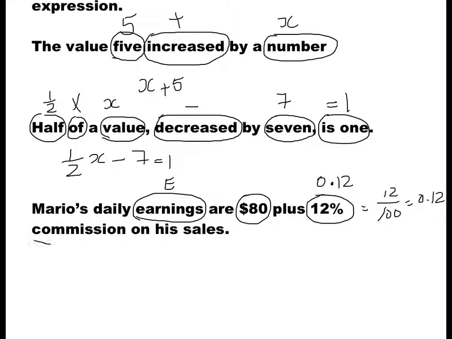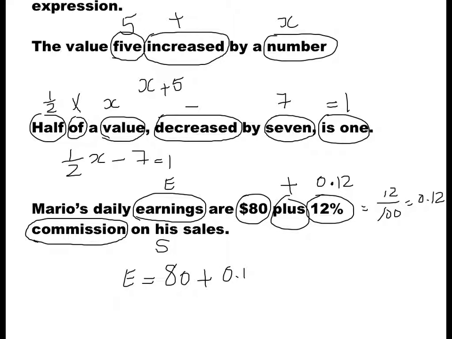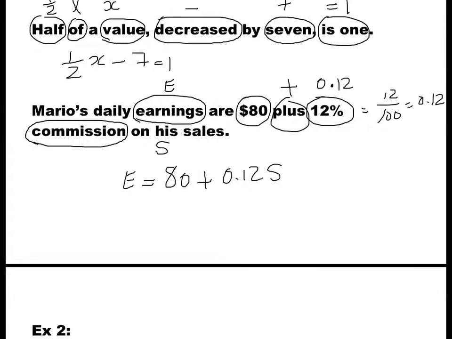Of his commission. Commission is on his sales, and we have no idea how much the sale is. So let's represent sales with S. So I can write earning is $80, plus, I forgot, it's addition, so it's plus 0.12 S. So far, so good. Let's try the next problem.